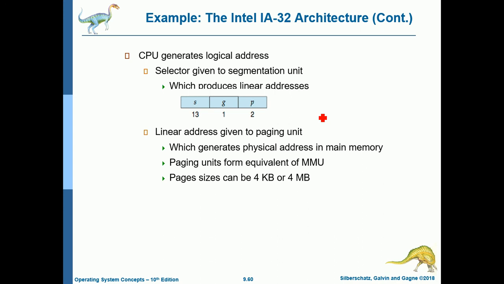The linear address is given to the paging unit, which generates the physical address in main memory. The paging unit forms the equivalent of the main memory management unit, and page sizes can be 4 kilobytes or 4 megabytes.